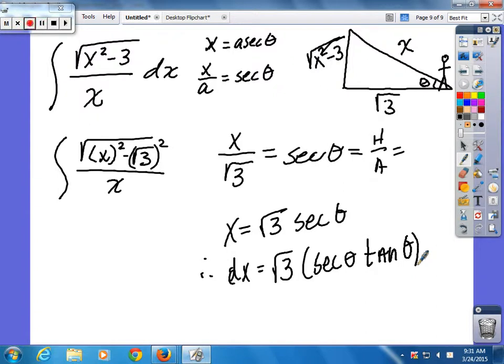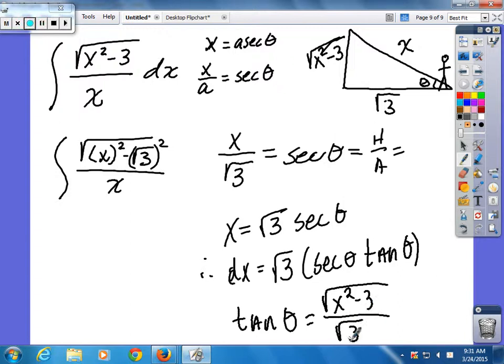So that would help us too, down here. So the tangent of theta is equal to, Oscar had a hunk of apple, the square root of x squared minus 3 over the square root of 3.